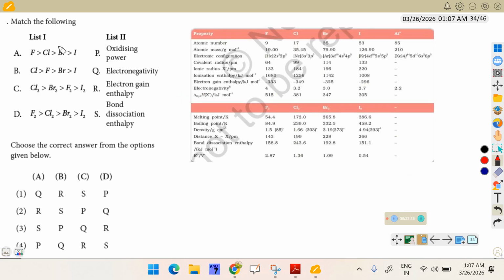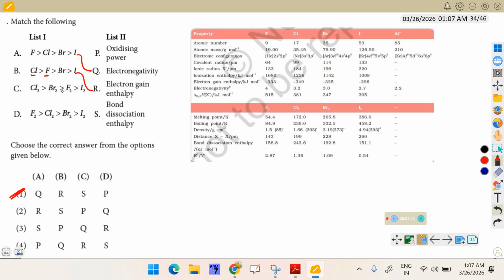The following: fluorine greater than chlorine greater than bromine greater than iodine. That is the electronegativity order. We know that in group 7A, the second element's electron affinity value is more compared with the first element. That is electron gain enthalpy.